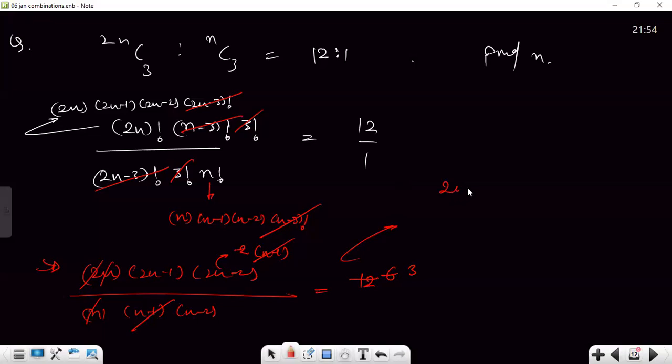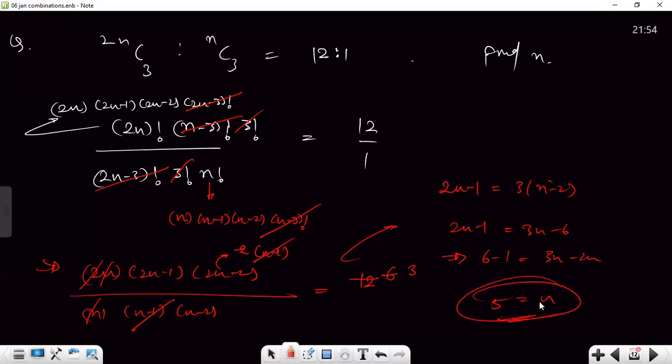Okay. 2n minus 1 is equal to 3 into (n minus 2) that is left. 2n minus 1 is equal to 3n minus 6. Minus 6 will make itself positive when it comes to the left hand side: 5 equals 3n minus 2n. So n becomes 5. Cool. We have the answer. n is equal to 5. And if we had options here, then from here itself we could have substituted for the value of n.